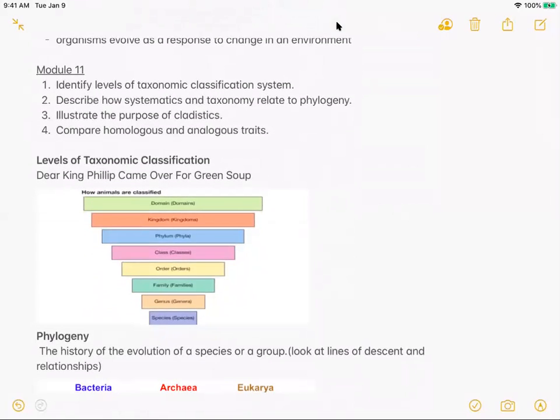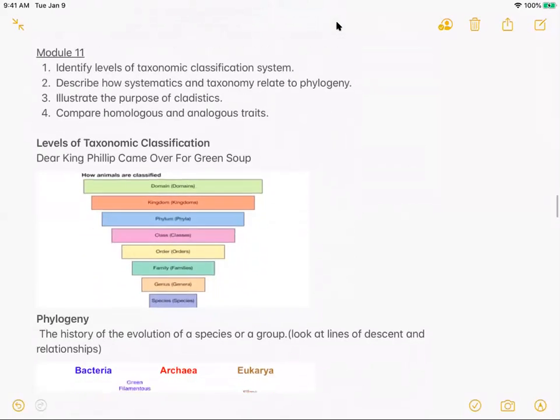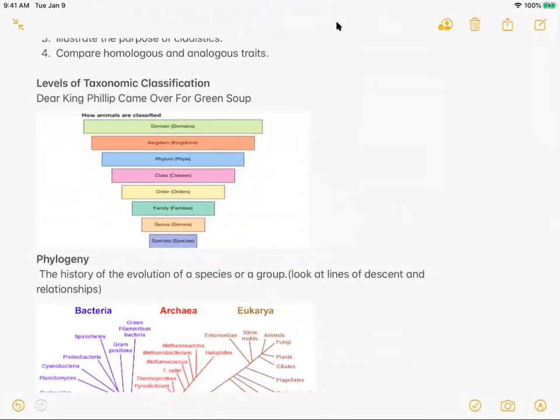In module 11, we're talking about taxonomic classification, systematics, and taxonomy, and how they relate to phylogeny. We're talking about phylogenetic trees, very briefly, cladistics, cladograms, like you did in your assignments, and comparing homologous and analogous traits. First off, the levels of taxonomic classification, definitely know the order of this. We have our domain, kingdom, phylum, class, order, family, genus, and species.